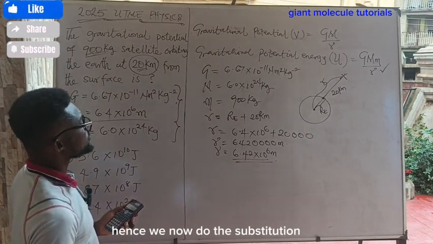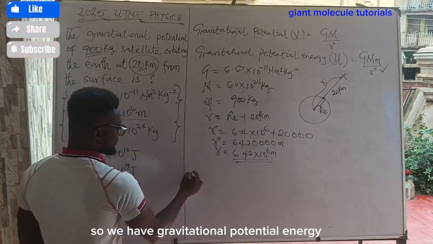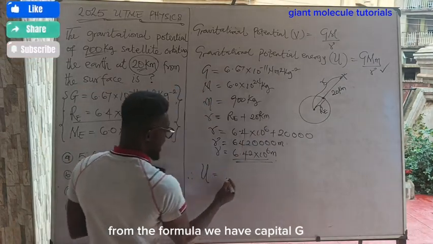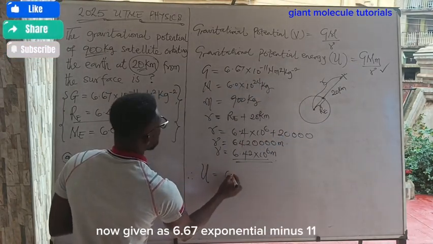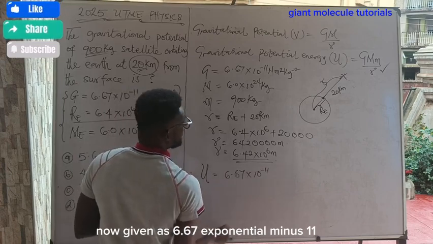Hence, we now do the substitution in order to get gravitational potential energy. So we have gravitational potential energy from the formula. We have capital G now, given as 6.67 exponential minus 11.